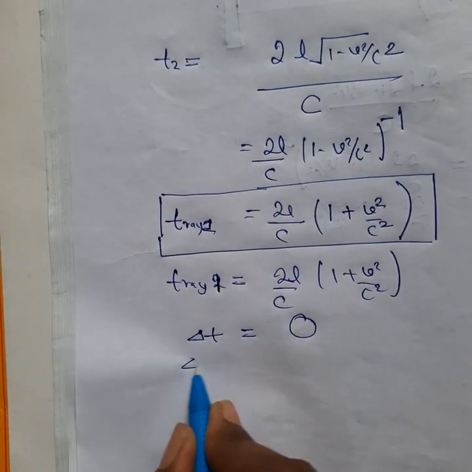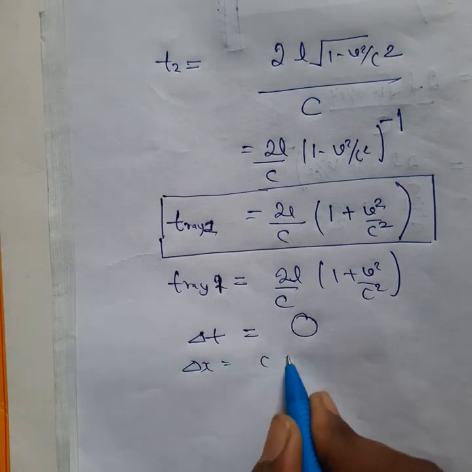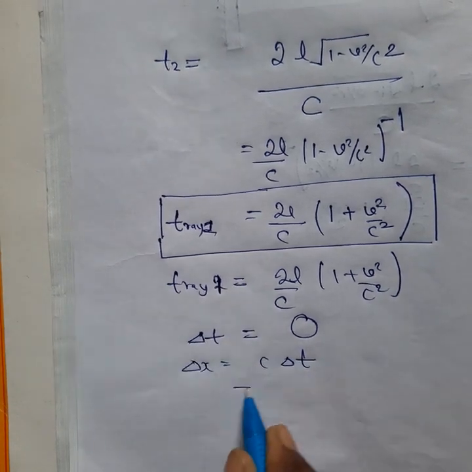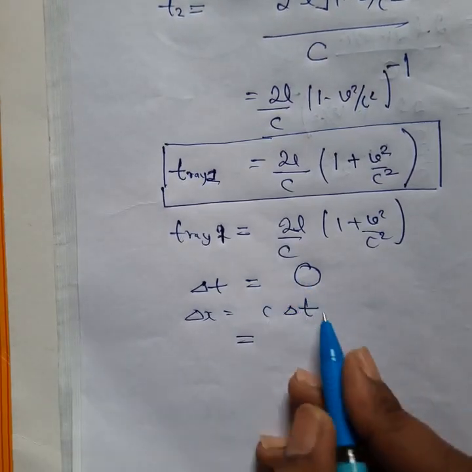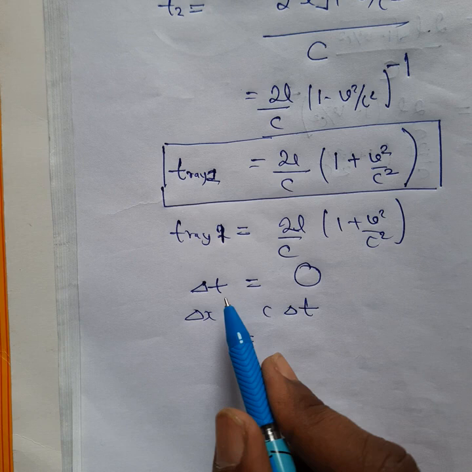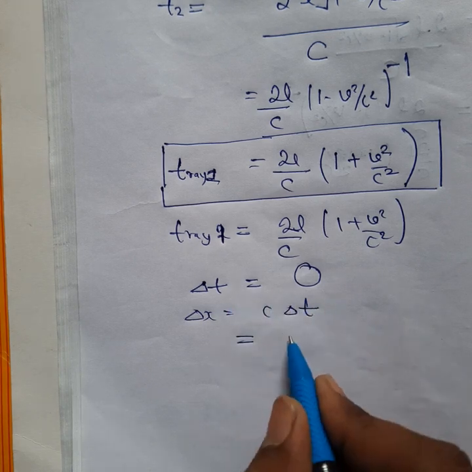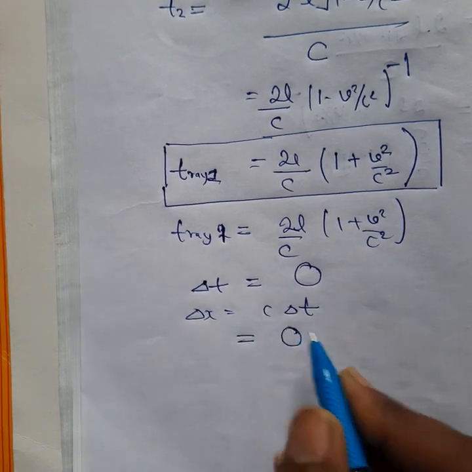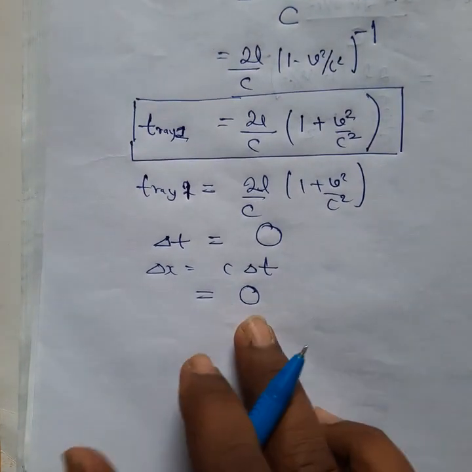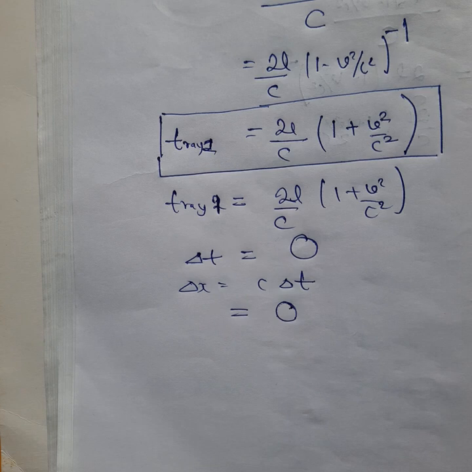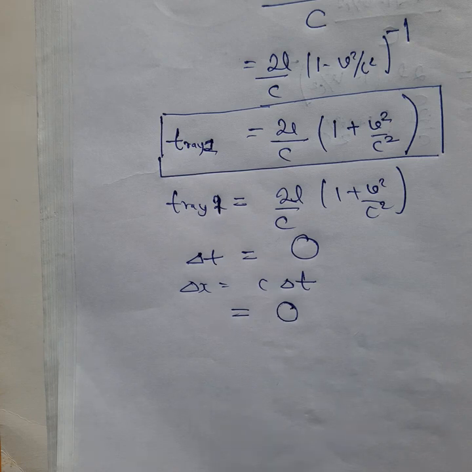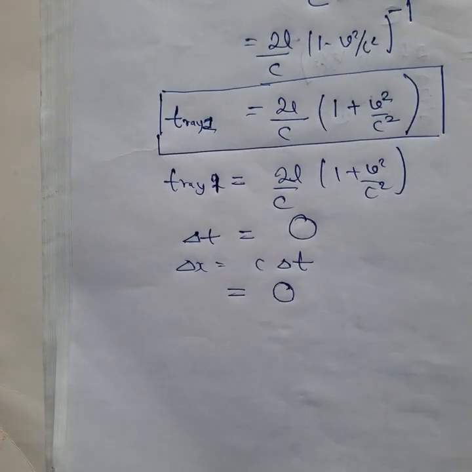Hence fringe shift will be given by delta x is equal to c into delta t. Since the time difference between these two rays is 0, the expected fringe shift is 0. So length contraction explains this result, but this theory was not considered to be correct as there was no experimental logic behind this hypothesis.